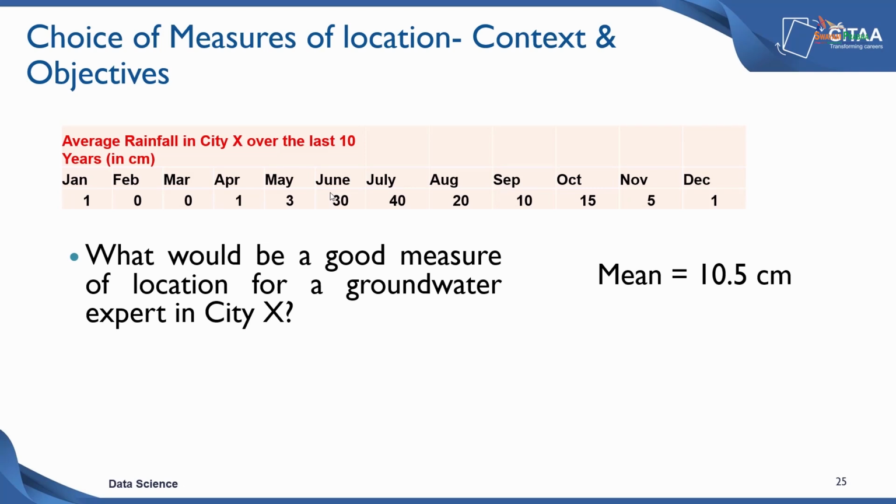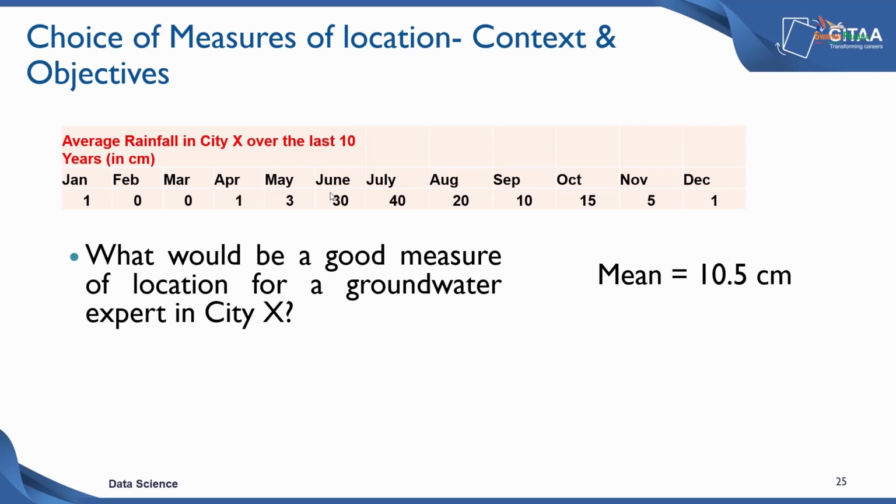It does not matter when the rainfall occurs, but the total rainfall that gets fed into the soil probably determines the kind of groundwater buildup, and therefore if he gets an average and he can multiply it by 12 to understand what is the yearly average that one gets. So that is a very appropriate measure for that person, because the question that gets asked is that are we getting good enough rains for good groundwater supplementation.